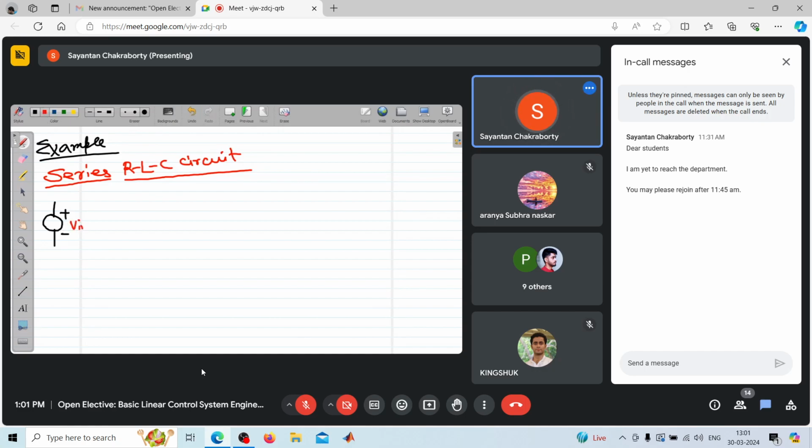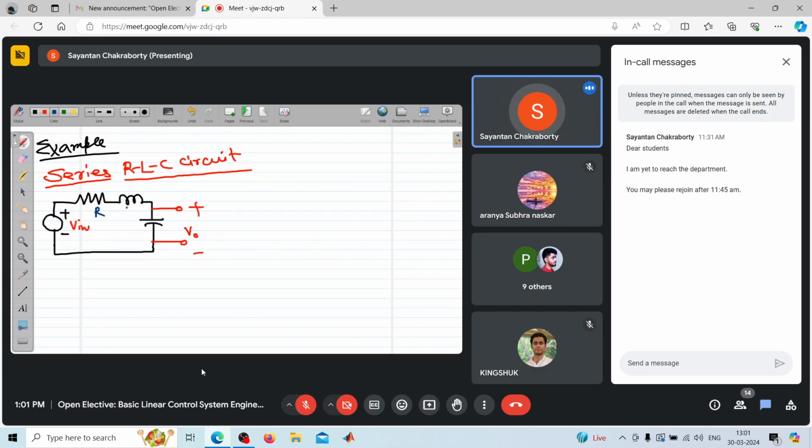This is your input voltage. This is your output voltage.